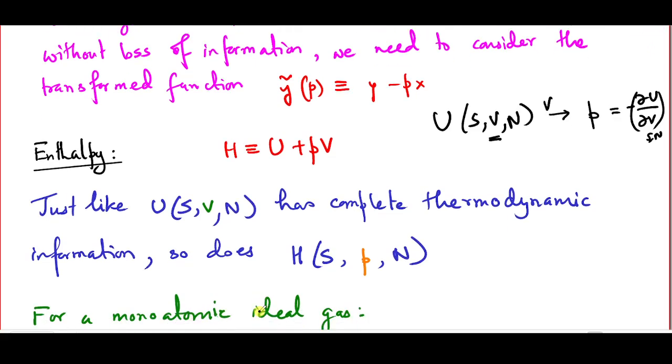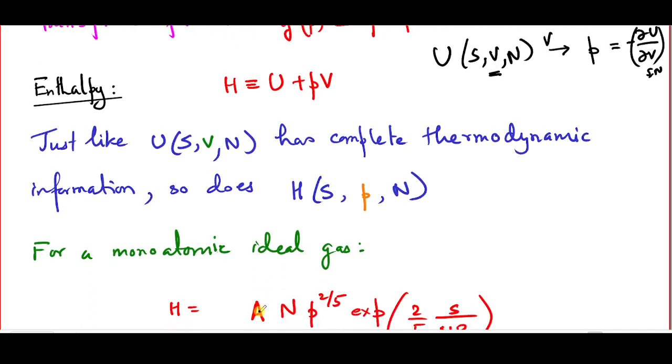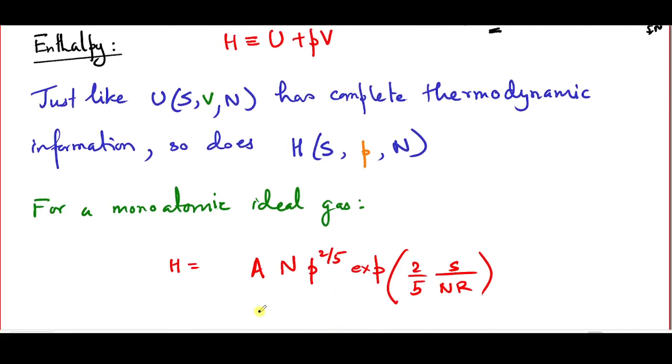Now, we also saw in the last lecture that for a monoatomic ideal gas, the enthalpy can be given this particular form, written as a function of S, P and N. We had actually derived this from the fundamental equation, the expression of U as a function of S, V and N for a monoatomic ideal gas.